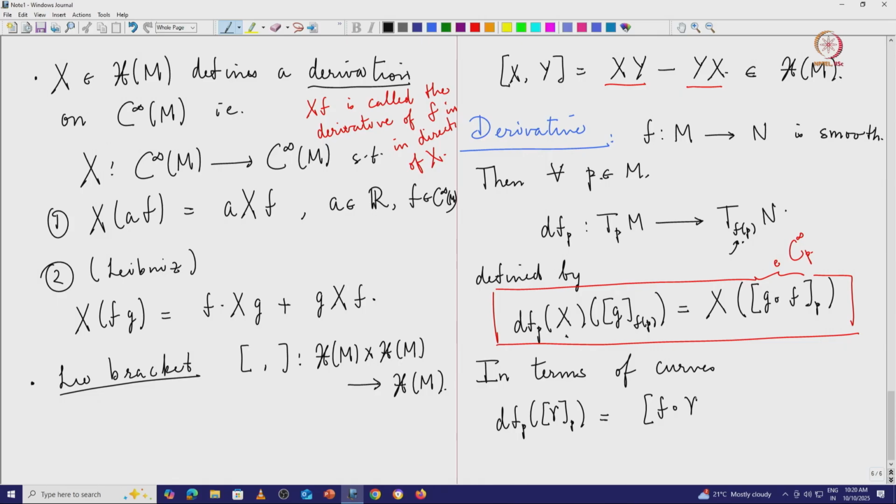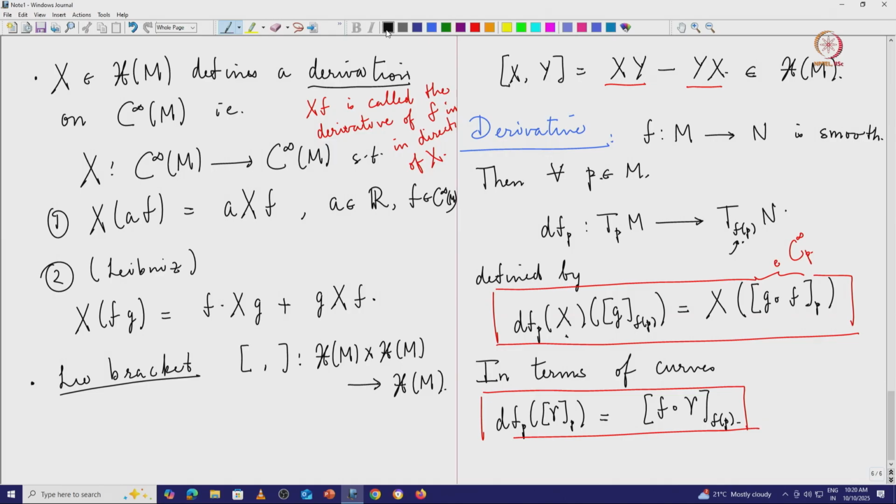If you look at f composed with gamma, that will now give a curve passing through f(p) in N. So you just take the equivalence class of that curve. Okay, so that is basically the derivative map in terms of curves.